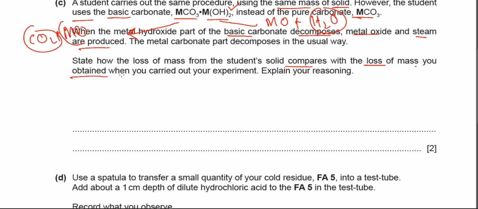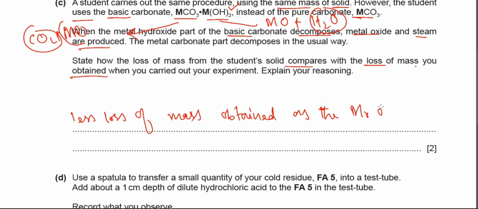So from our result, the student will get less loss of mass than obtained. Reason: as the Mr of water is less than CO2. You may prove it by going through the percentage loss.